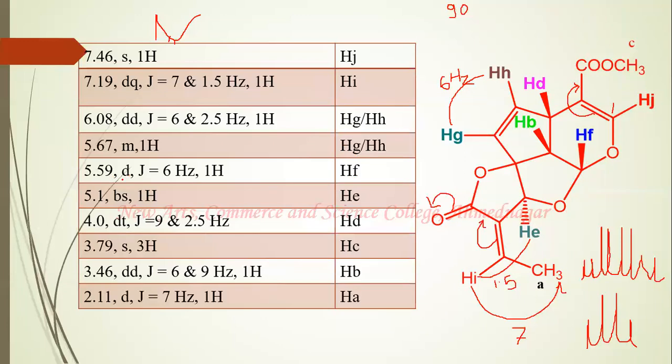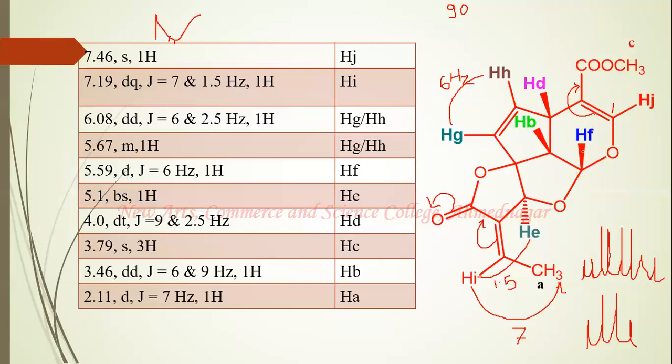So the HF proton will couple with the HB proton with a 6 Hertz coupling constant value. The dihedral angle between HB and HF protons can be 0 degrees, and we expect a 10 to 11 Hertz coupling constant value because of the 0 degree dihedral angle.